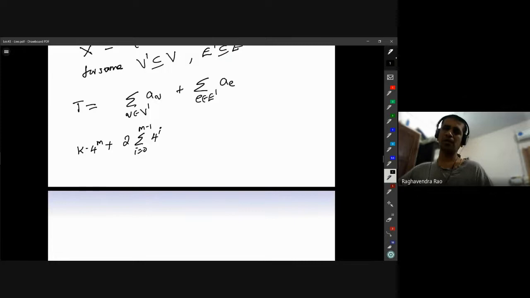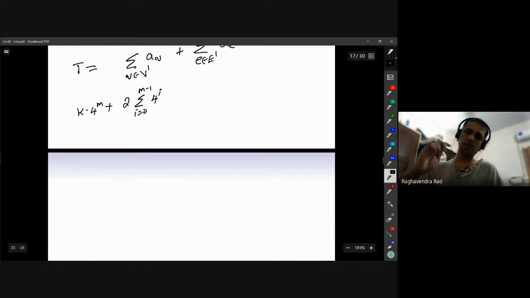So this 4 power I corresponds to a base 4 representation. So this number T looks in base 4 as follows.